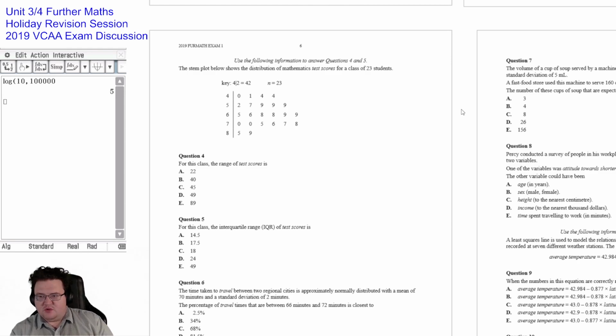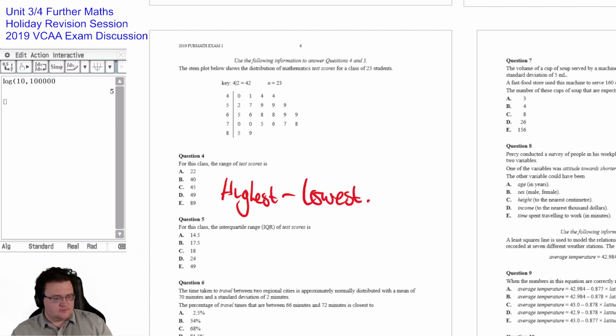A stem and leaf plot shows below the mathematics test scores for a class of 23 students. We've got a key and we've got an n number. The n is the number of students in the stem and leaf plot. The key 4|2 means 42. For this class, the range. Remember, range is highest minus lowest.